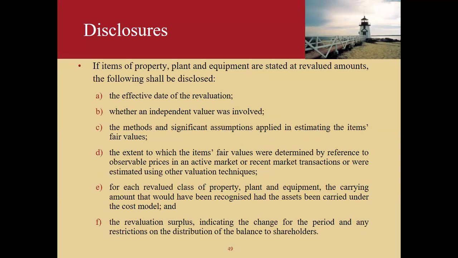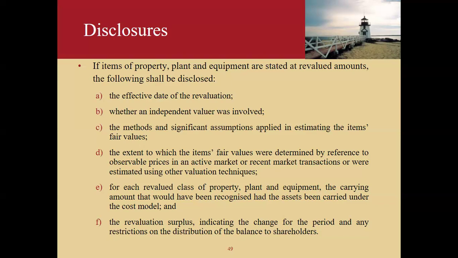If items of property, plant, and equipment are stated at revalued amounts, the following shall be disclosed: the effective date of the revaluation, whether an independent valuer was involved, the methods and significant assumptions applied in estimating the item's fair values, and the extent to which the item's fair values were determined by reference to observable prices in an active market or recent market transactions, or were estimated using other valuation techniques.